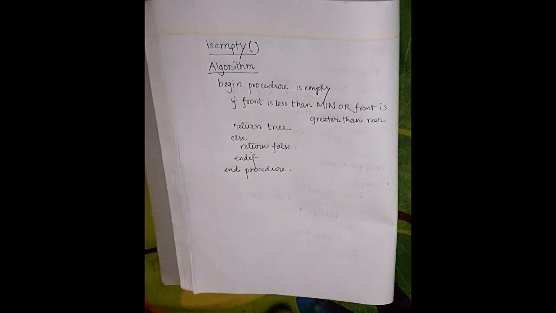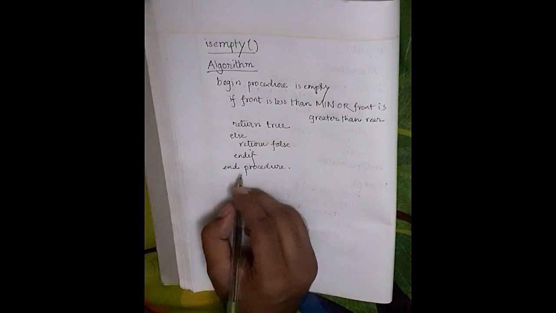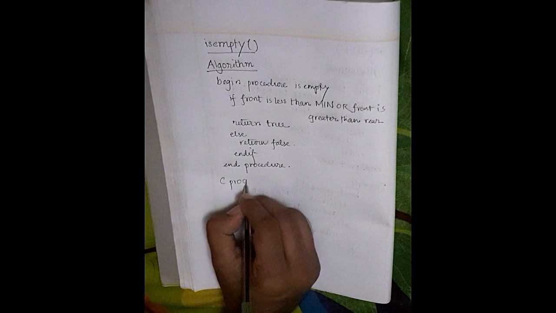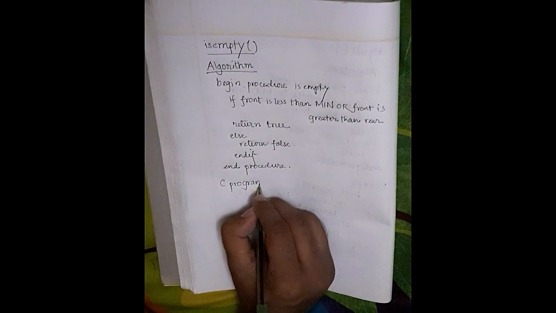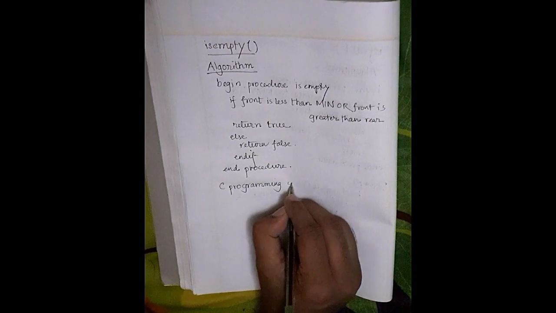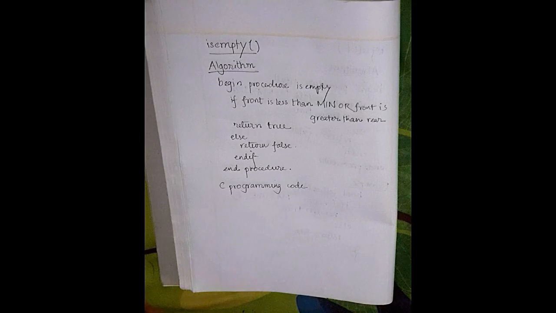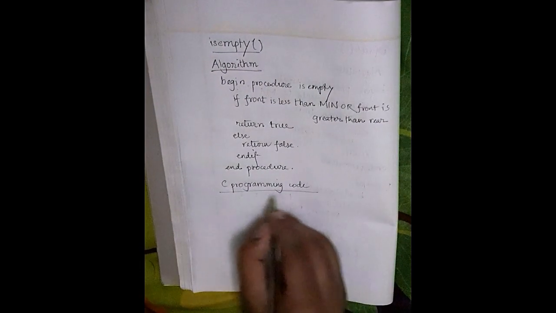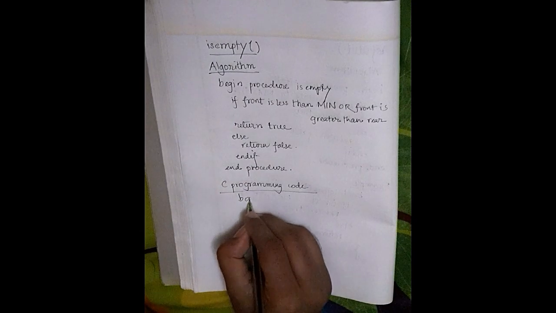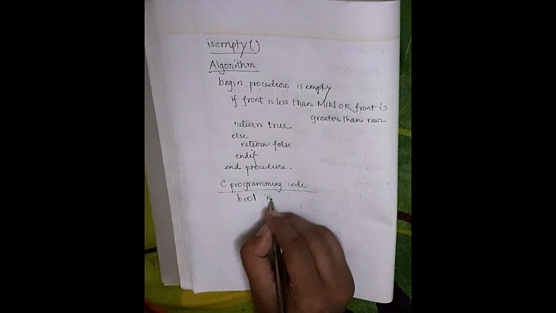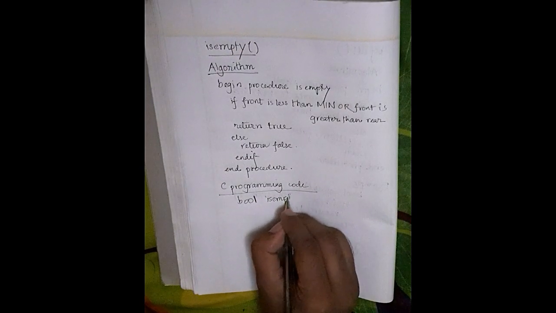So here's the C programming code for isEmpty. We start off with a bool, that is boolean isEmpty.